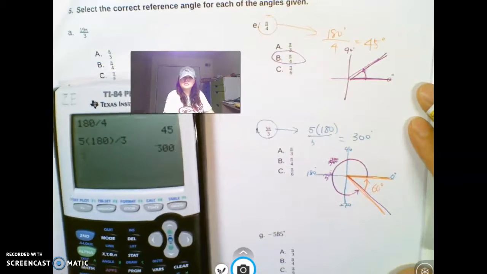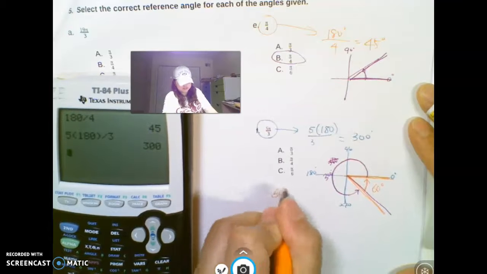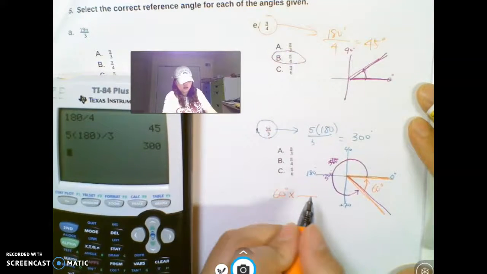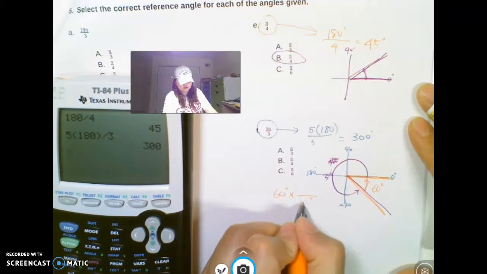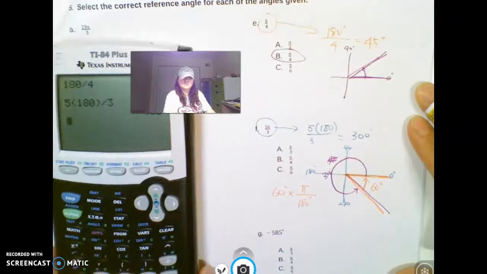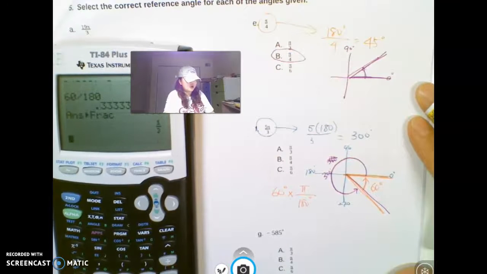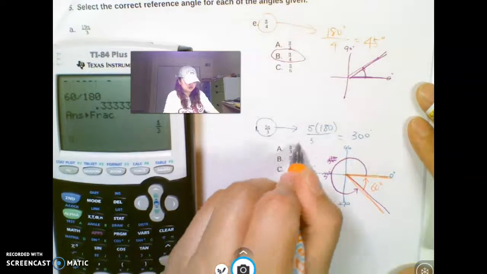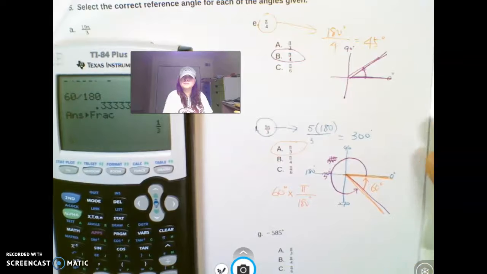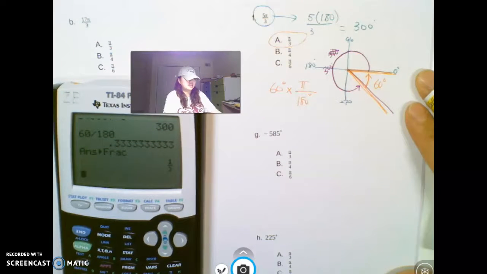The last thing is to turn 60 degrees into radian measure. Degree at the bottom, 180, pi. Put it in the calculator: 60 divided by 180, changed to a fraction, 1/3 pi. There, A. Done.